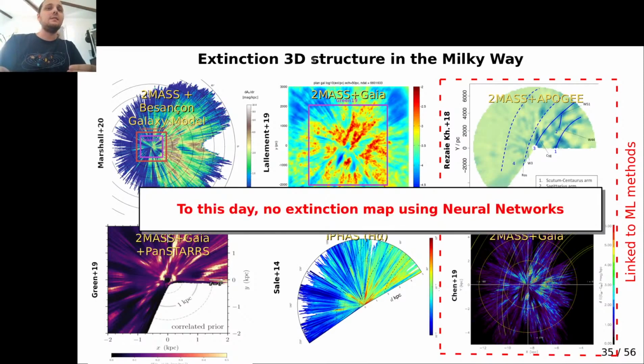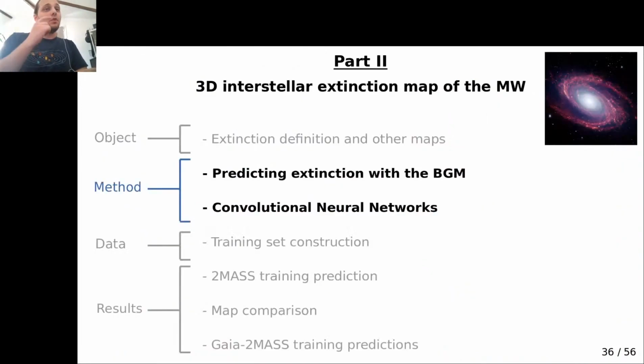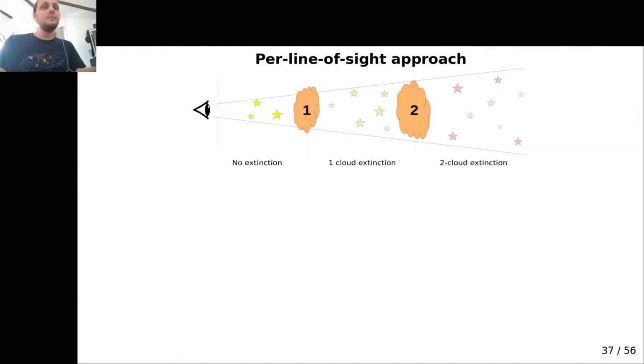But to this day, there was no extinction map constructed using neural networks, and almost no map is using machine learning methods as an end-to-end extinction map reconstruction method. So now I will describe the methodology we developed to reconstruct interstellar extinction maps using convolutional neural networks.